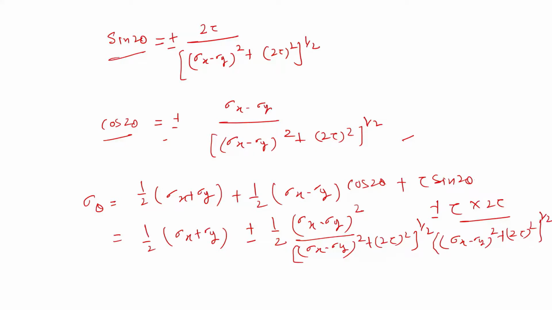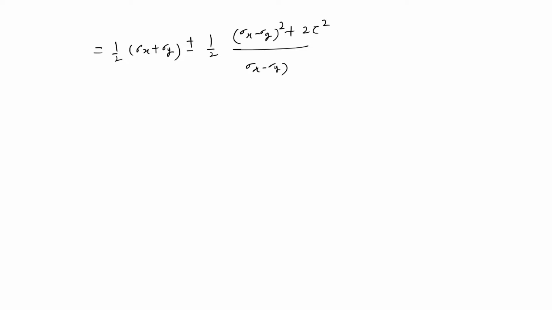If we simplify this, we have two values: 1 by 2 sigma x plus sigma y plus minus 1 by 2 sigma x minus sigma y whole square plus 2 tau square over the square root of sigma x minus sigma y whole square plus 2 tau whole square.